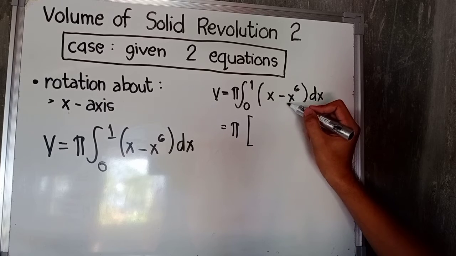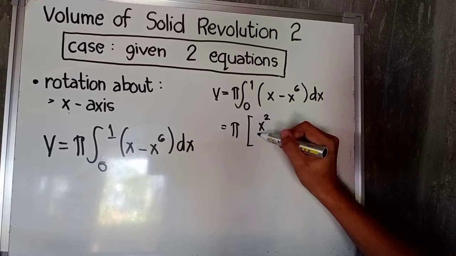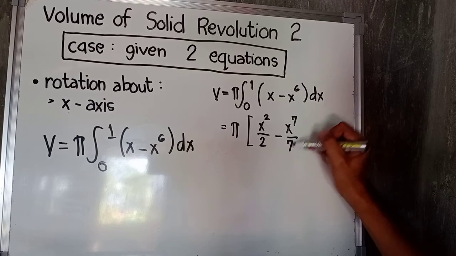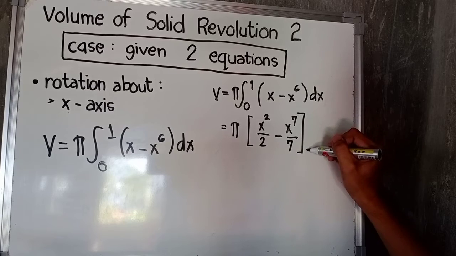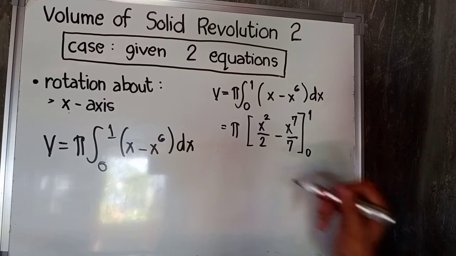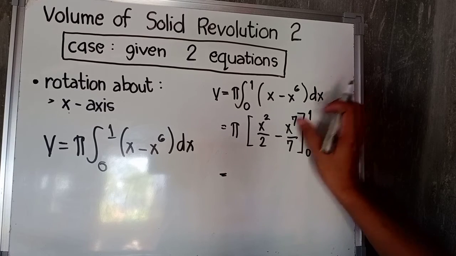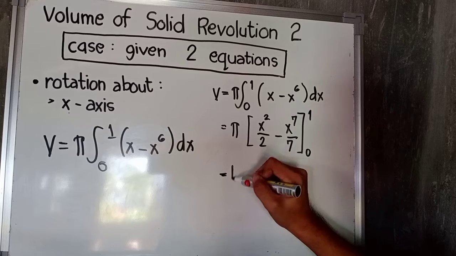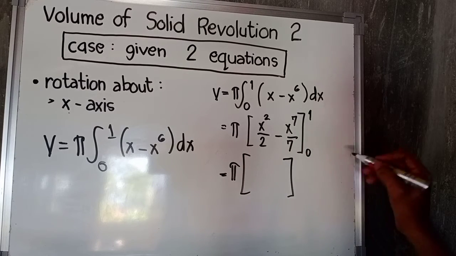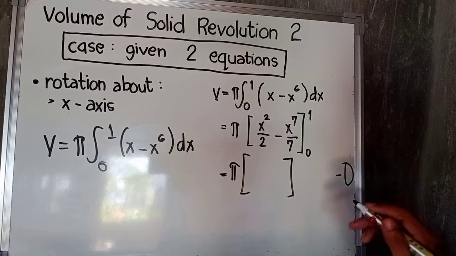So, kunin natin ang integral nito which is x squared over 2 minus x raised to 7 over 7 from 0 to 1 plus c. So, hindi natin lalagay. So, unahin natin again is yung 1, substitute, then 0 sa kabila. Diba? Pero since alam naman natin na itong pag 0 sa substitute dito, 0 na yon.